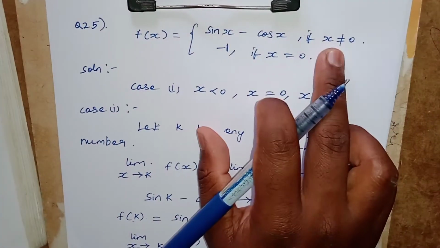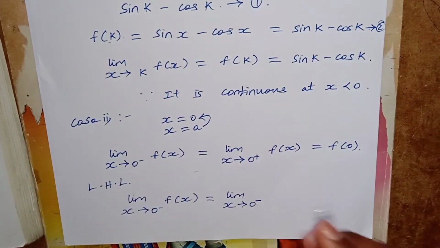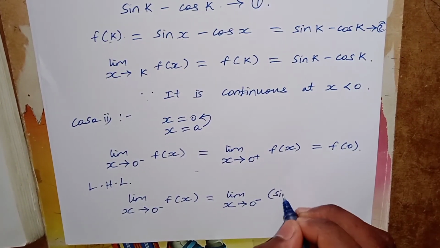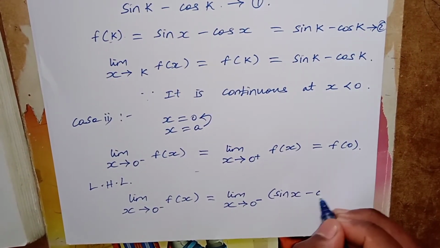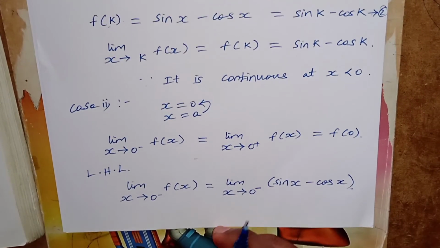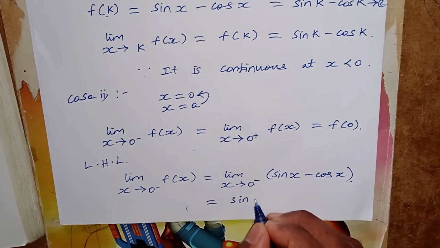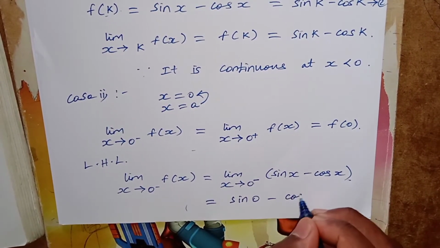Therefore for less than 0 the function is sin x minus cos x. In the place of x you substitute the value 0. Therefore sin 0 minus cos 0.